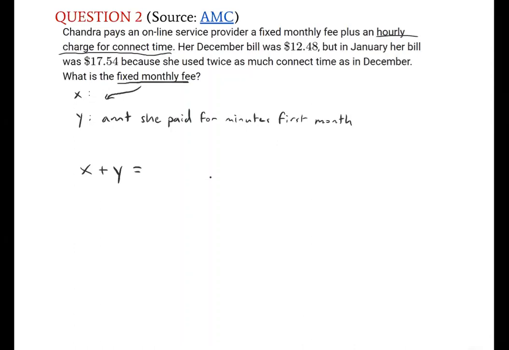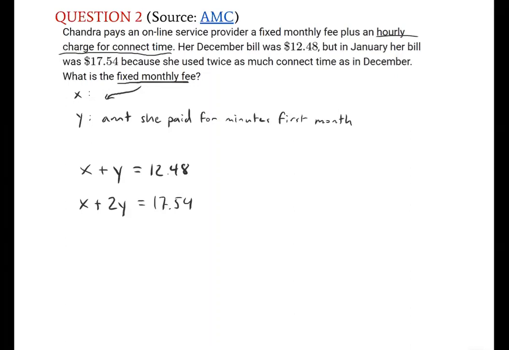And that's equal to 12.48. And then it says that in January, her bill is $17.54, since she used twice as much connect time. So that just means that her charge will just be 2Y.